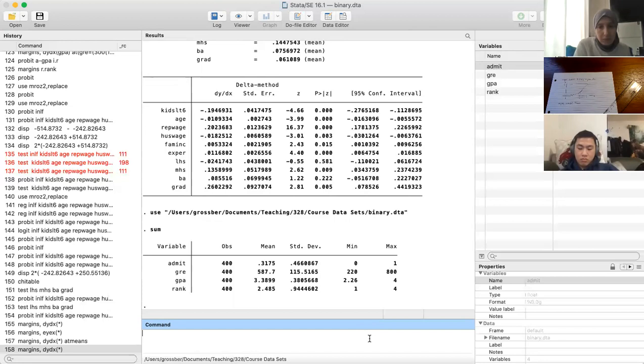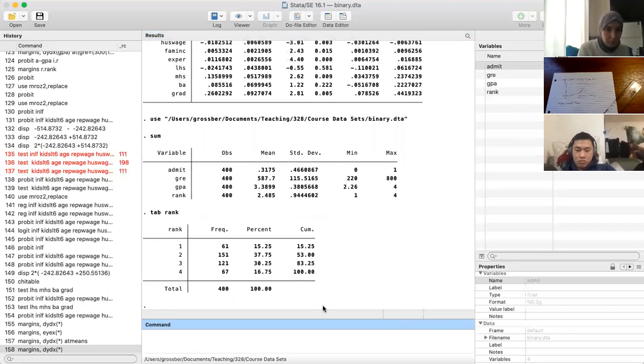Let me show you one thing to do with this, and then I'll leave you with a question to work on with this data set. The rank variable is like the educational categories variable in the other data set we were just looking at. It has 4 different values.